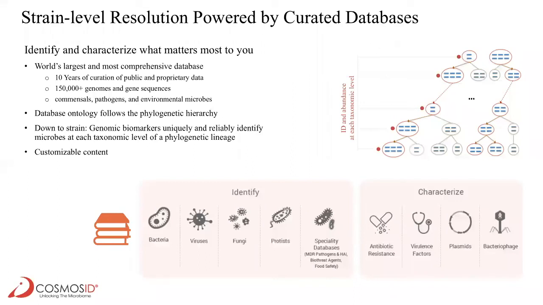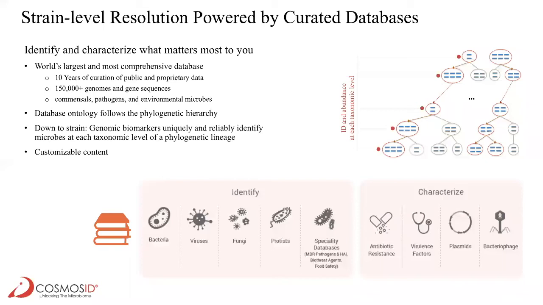Now, a little bit of detail about the algorithm and the database. As you know, the CosmosID algorithm is a k-mer based algorithm. Traditionally, most algorithms organize their database based on a phylogenetic taxonomic hierarchy. However, we have taken an approach to organize our database as a phylogenetic tree.